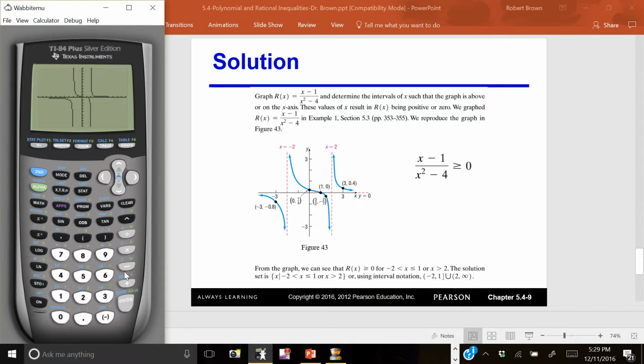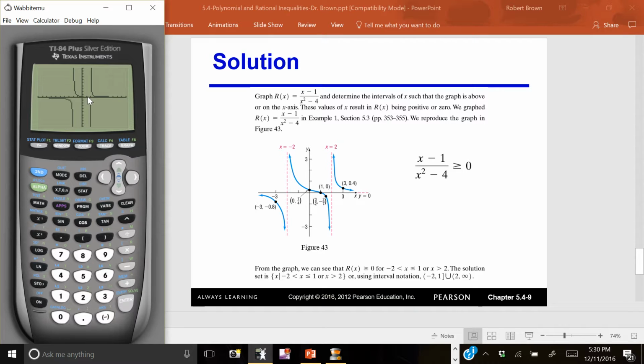And now we have the graph that shows the vertical asymptotes. And now we want to find out where this graph is more than or equal to 0. So a solution is when it's equal to 0 or more than 0. So you see going from minus 2, it's above 0, more than or equal to 0, all the way to x equal 1, where it becomes 0.